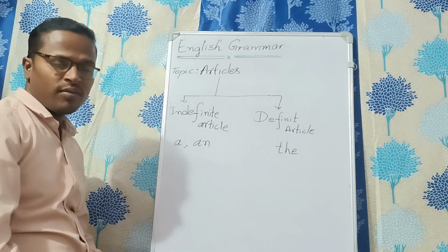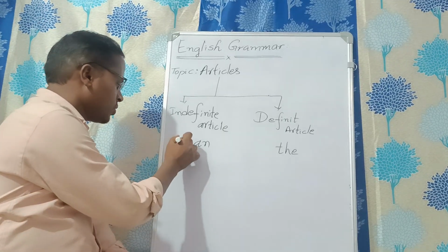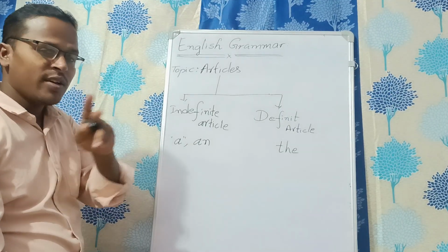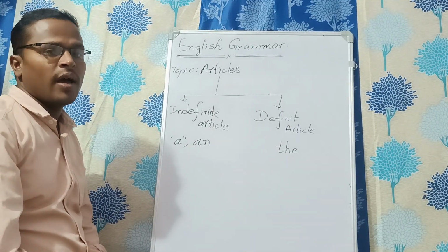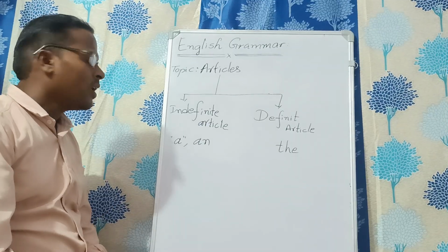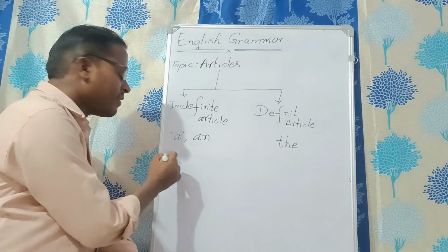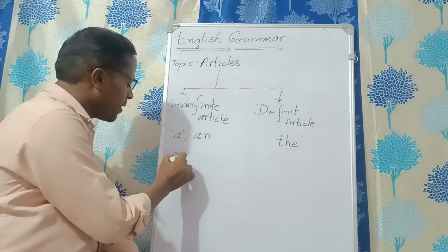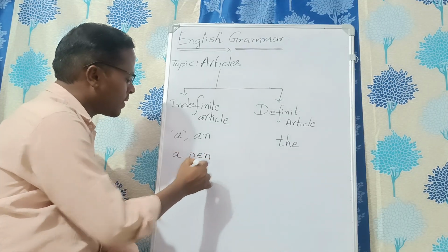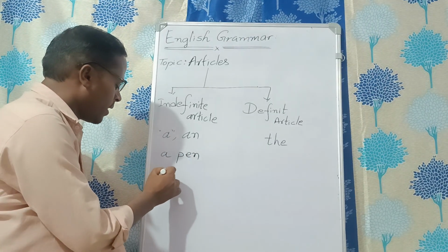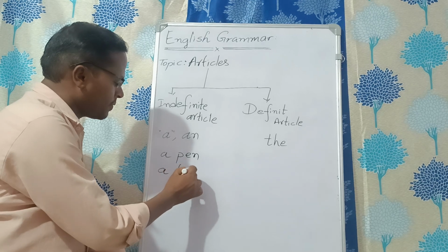What is the definition? "A" is used before singular common nouns beginning with consonant sounds. I am writing some examples: a pen, a banana.